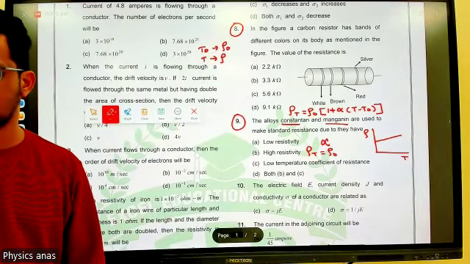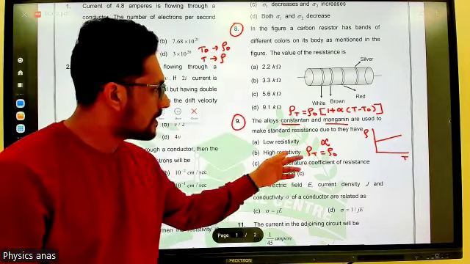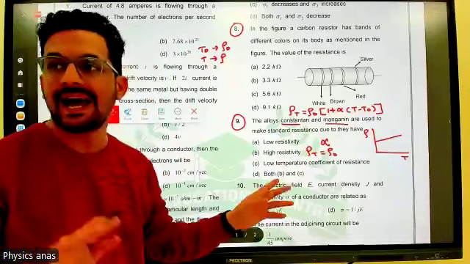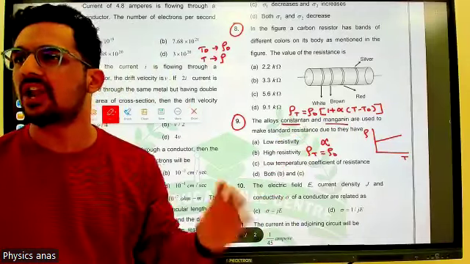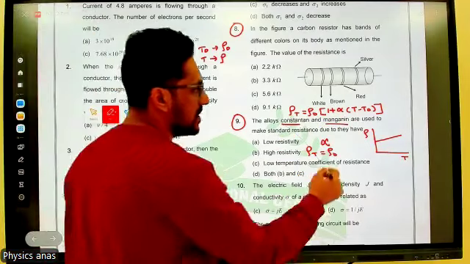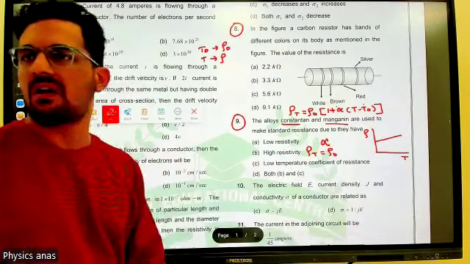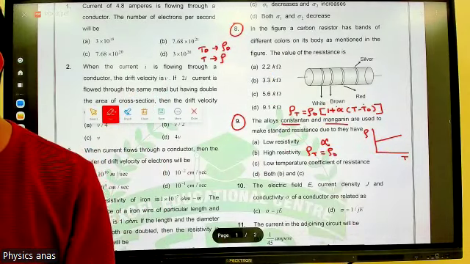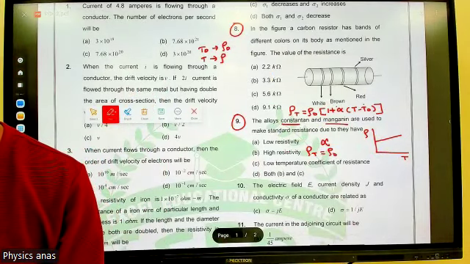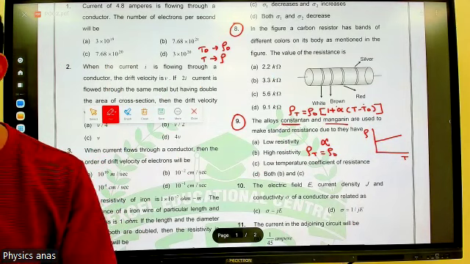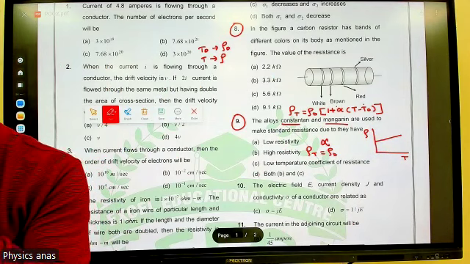Clear? For constantan and manganin like alloys, alpha is very low. A very low value into change in temperature will be almost negligible, almost equal to 0.